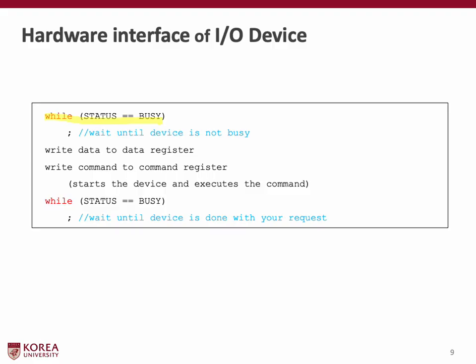And then it writes data to the data register and sends a command to the command register to start the operation. Finally, it waits again until the status shows that the device has finished the requested operation. So this pattern is very common in device interaction.